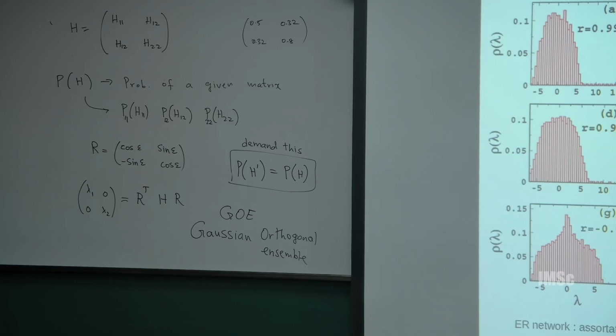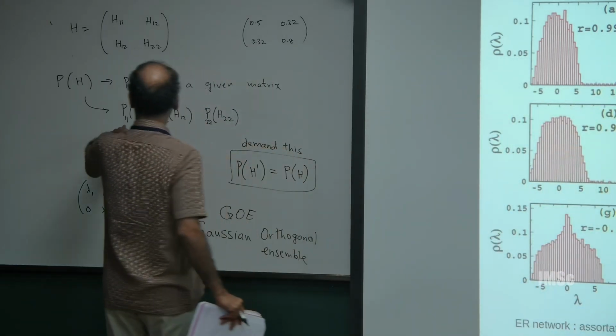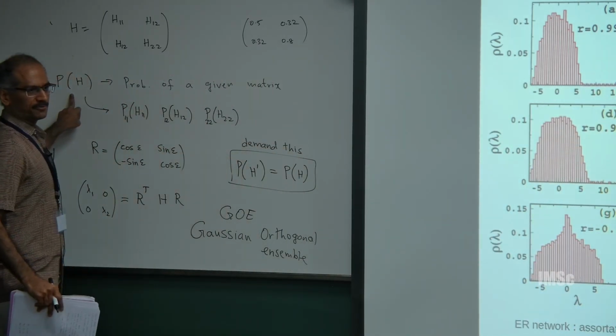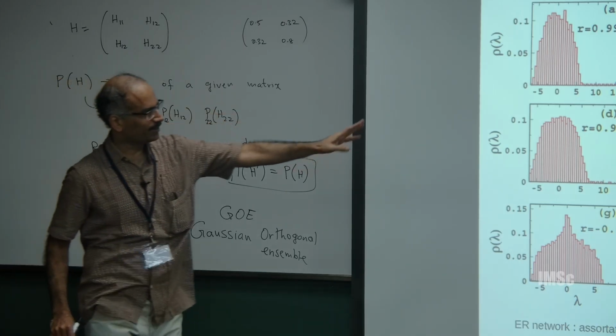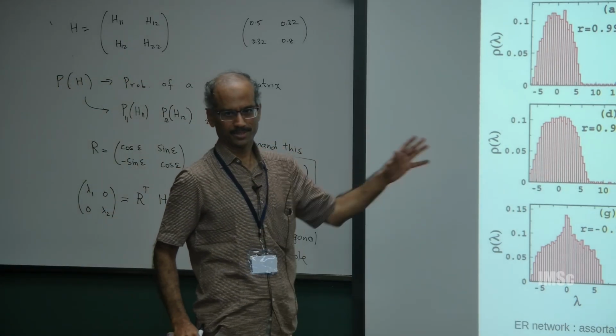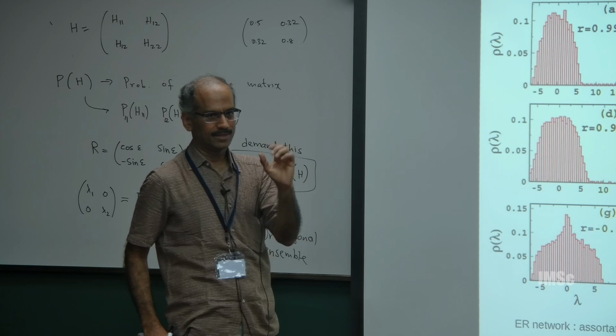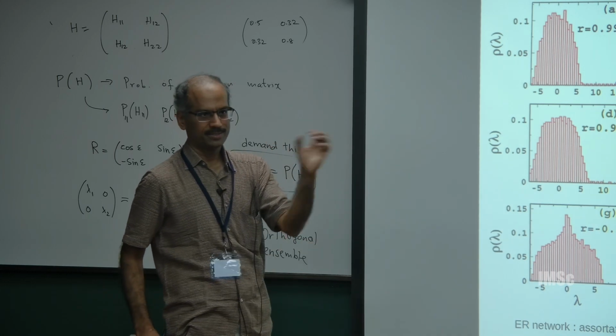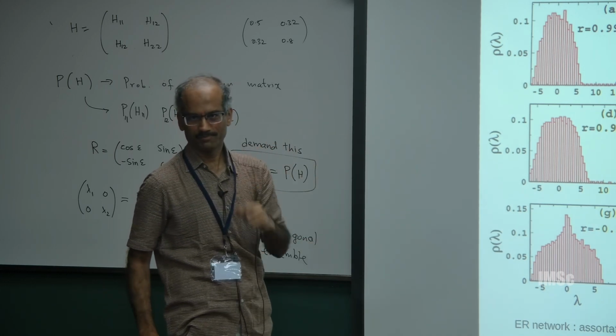and whenever you do this, there will be a Jacobian of the transformation that will be involved. I do not know if you get what you want. So, whenever, see, because you are going to do a probability transformation, right. So, you are going to transform yourself from P of H to P that will be described by lambda 1, lambda 2, theta. Okay. So, you want the probabilities to be conserved, to be the same.